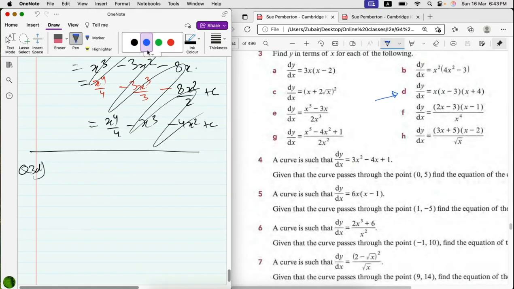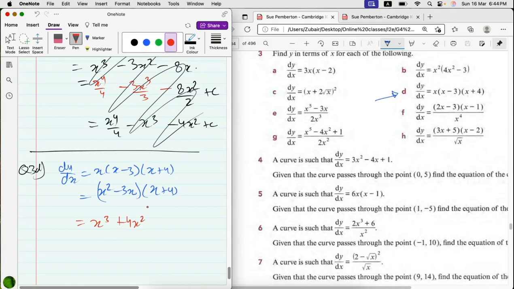Question 3D. dy by dx is equal to x into x minus 3 into x plus 4. This is x square minus 3x and then x plus 4. x square into x is x cube, x square into 4 is 4x square, minus 3x square. 3 fours are minus 12x.